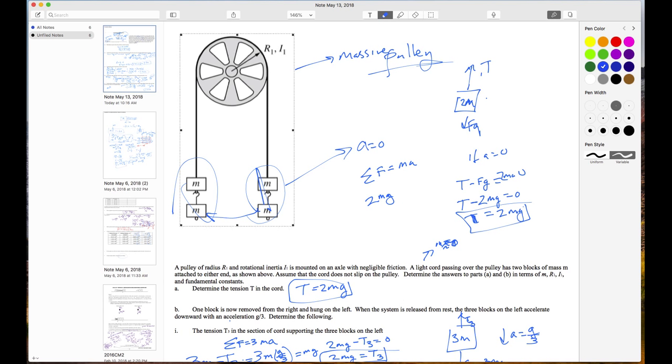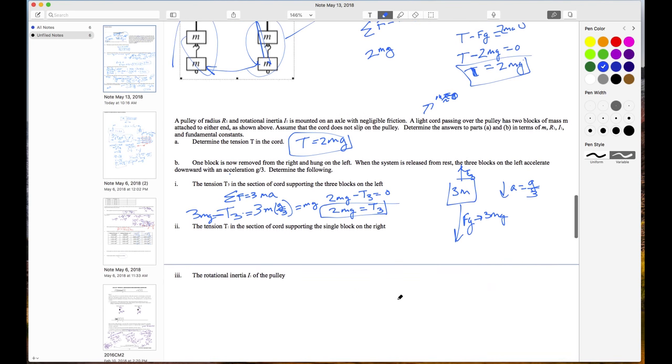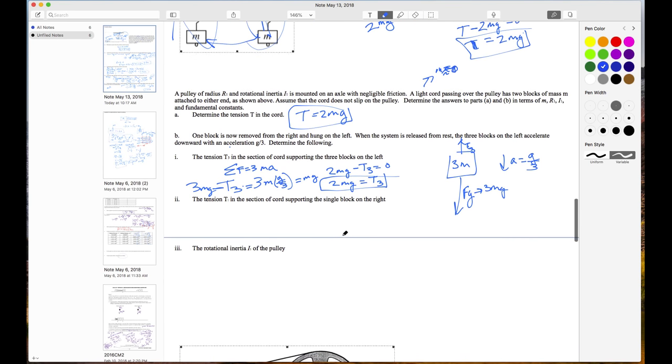While solving this, we're going to assume that we have an a. Let's do another free body diagram there. We have a mass m, a tension T1, a force of gravity equal to mg, and an acceleration upward of a equals g over 3.